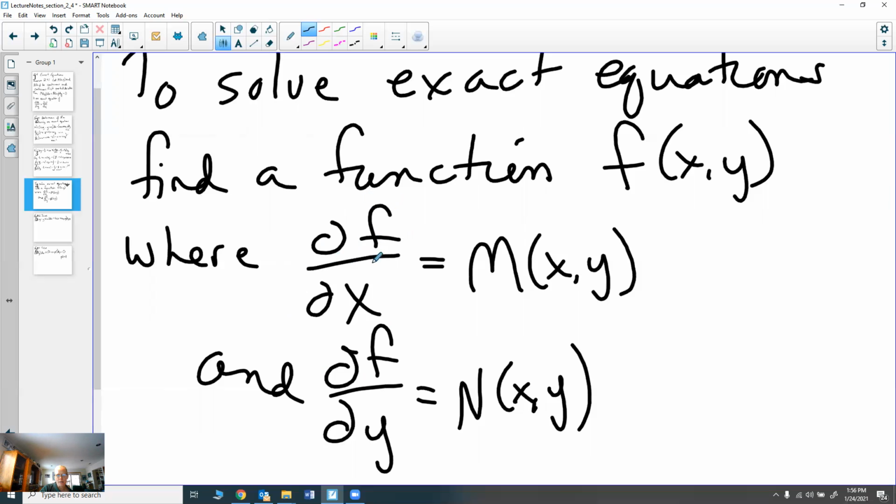Remember, the second derivative of f with respect to x and then y should be the same as the second derivative of f with respect to y, then x. That's why they have to equal each other, and that's why we change the letters we're doing. So try to just think about that. We're actually going to solve these kinds of differential equations, partial differential equations, sort of.